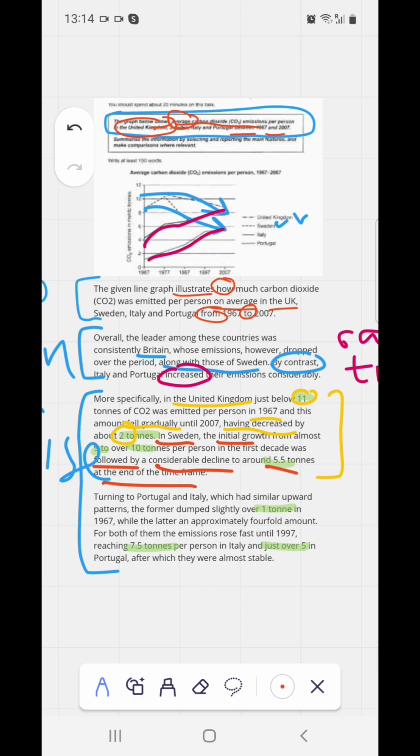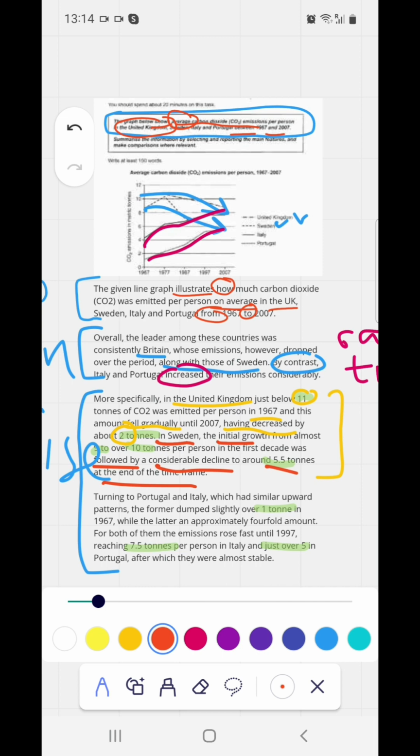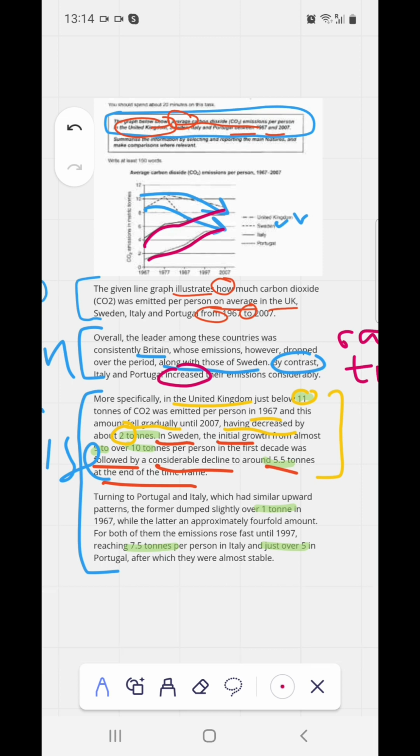Now let's look at the last paragraph. So we have Portugal and Italy here. So again, we have specific numbers, and we have a very important thing here, a contrast.